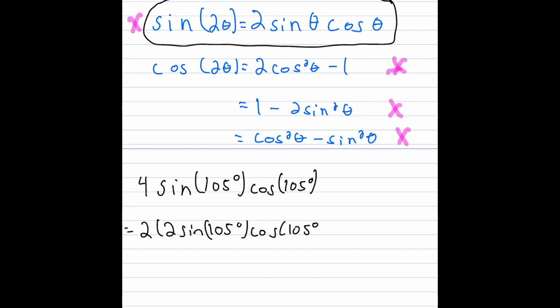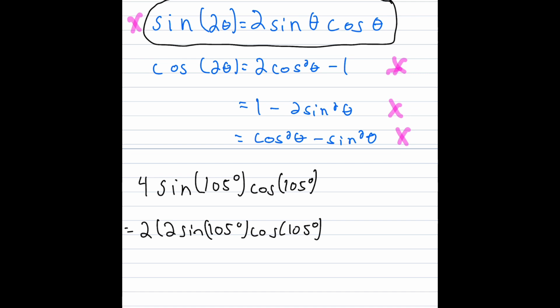So the big deal here is you try to make your expression look like or match up to the identity by doing algebra or by doing arithmetic backwards in a sense. So that's what we do.